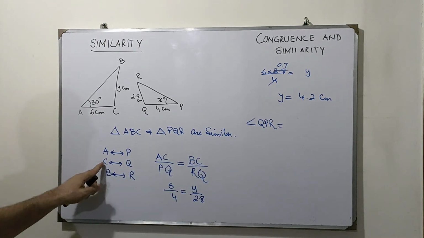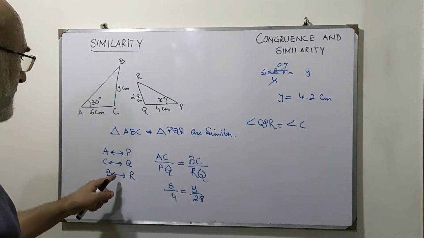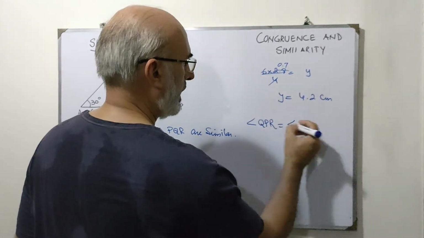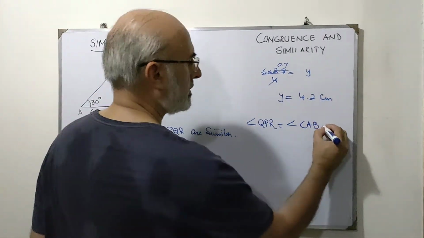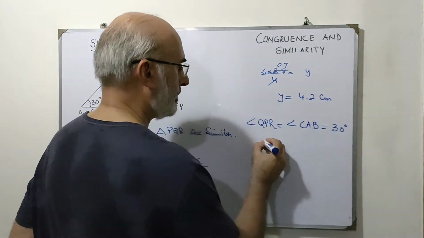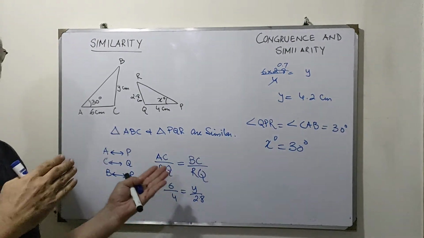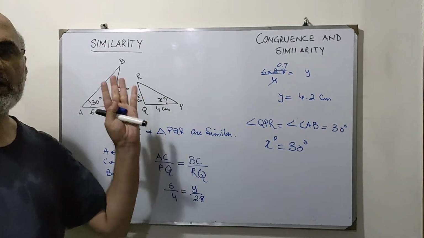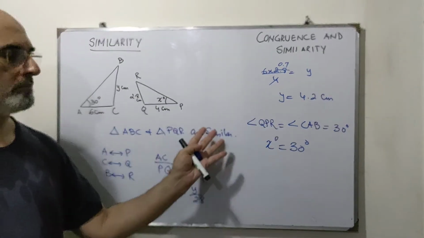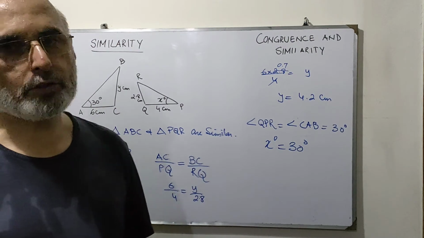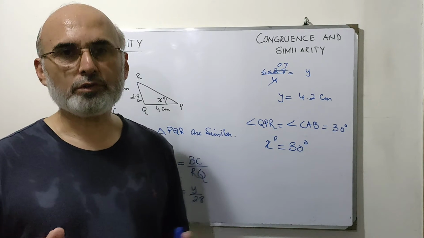Q is C, P is A, and R is B. What is CAB? It is 30 degrees. So X degrees is equal to 30 degrees, because the given condition was that the two triangles are similar. So we compared the ratios and found the unknown side, and compared the two angles, and the unknown angle is known now.